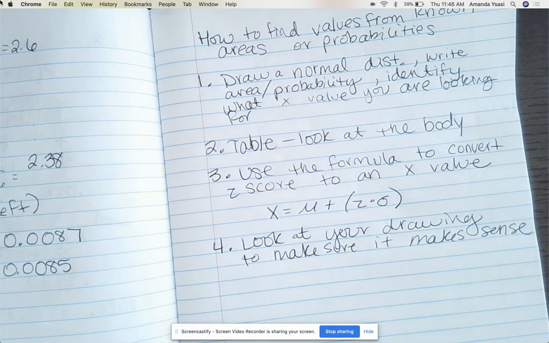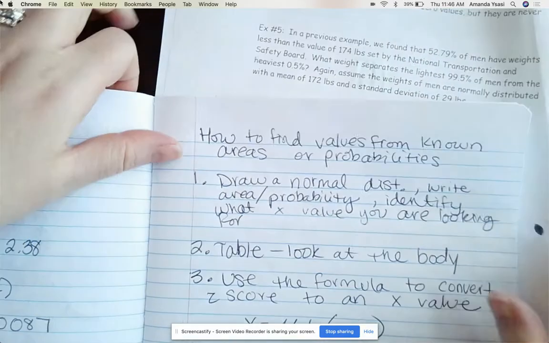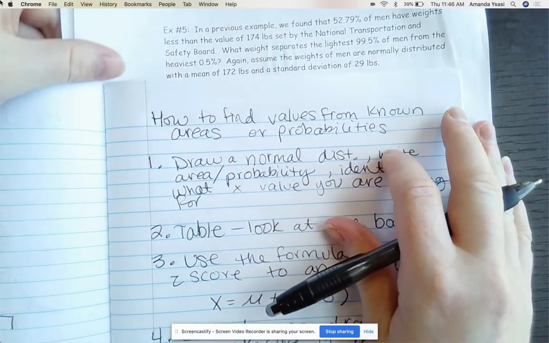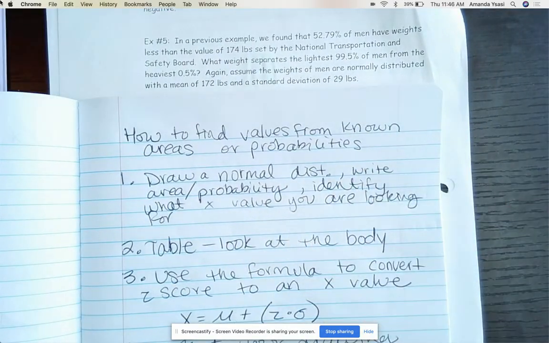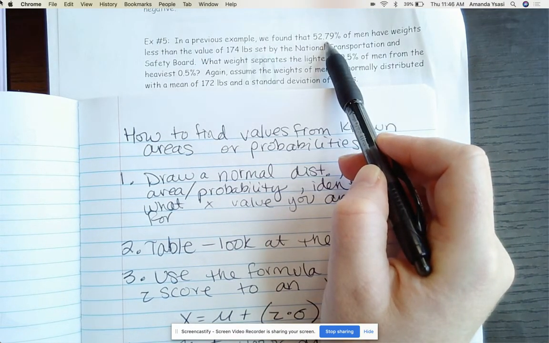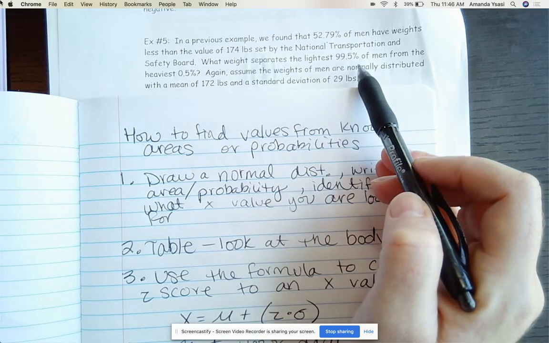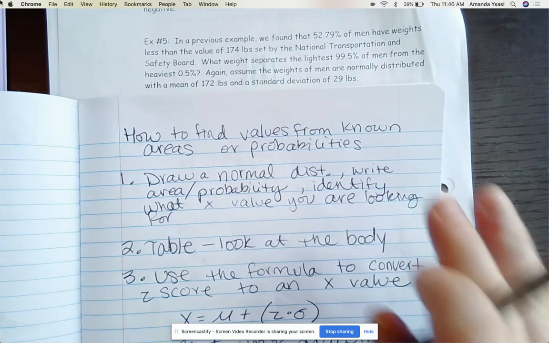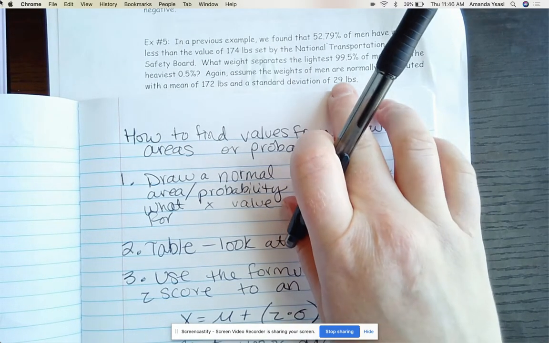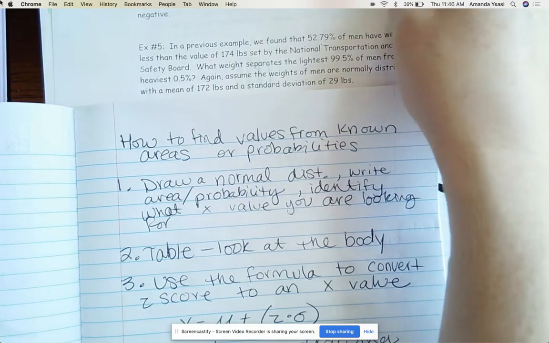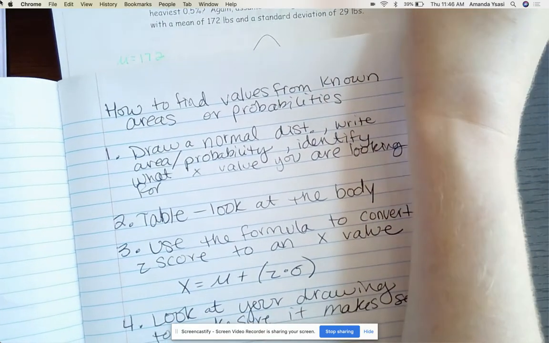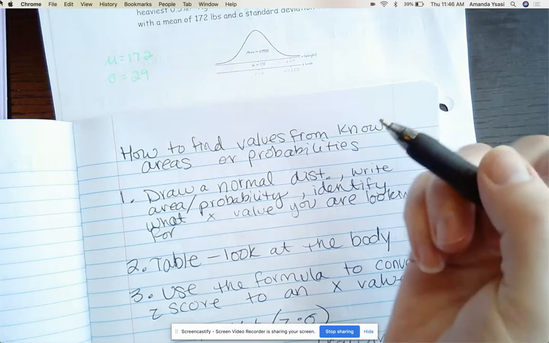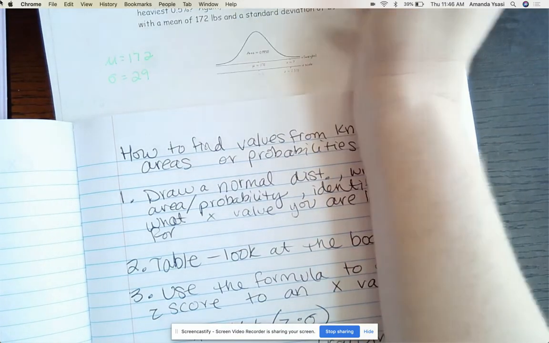Okay, so we'll look at an example. We had the previous example where we found the percentage. What weight separates 99.5% of men from the heaviest 0.5%? Assume that the weights are normally distributed with a mean of 172 and standard deviation of 29.